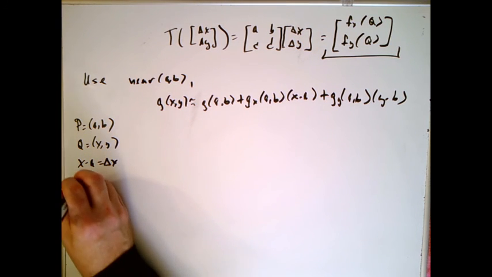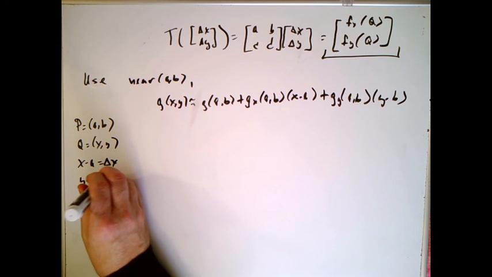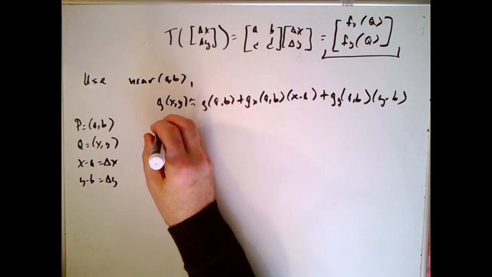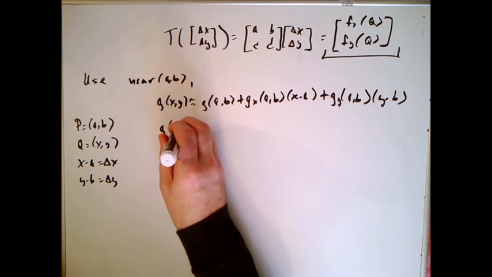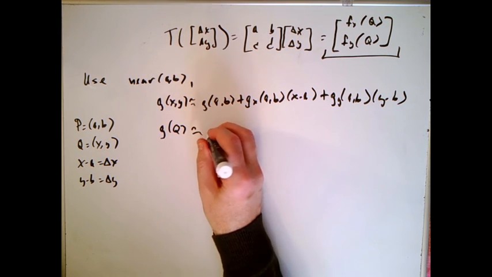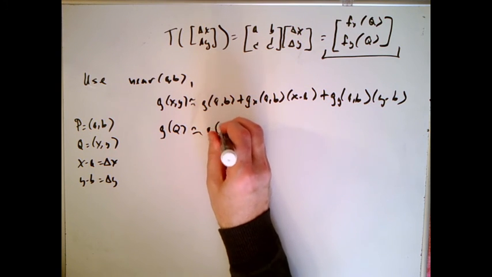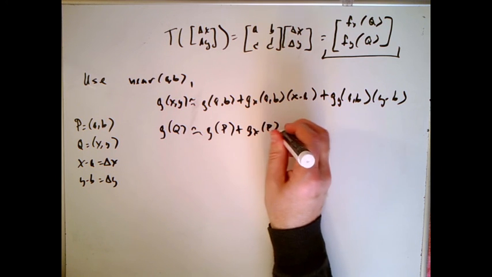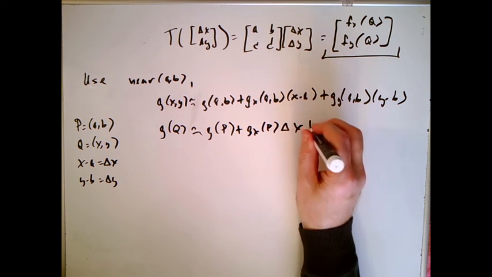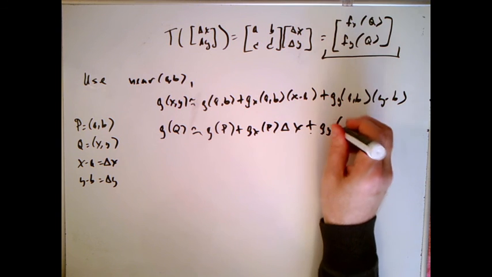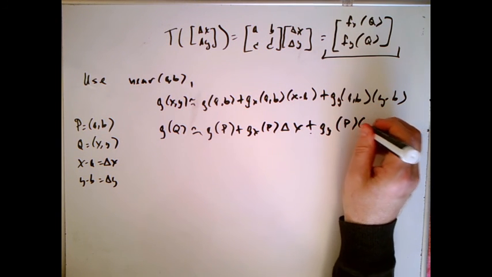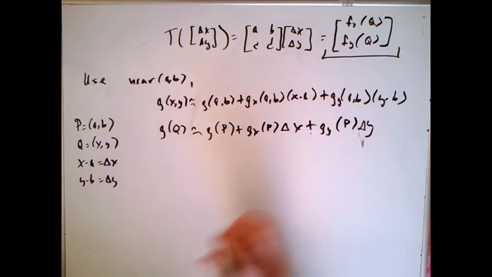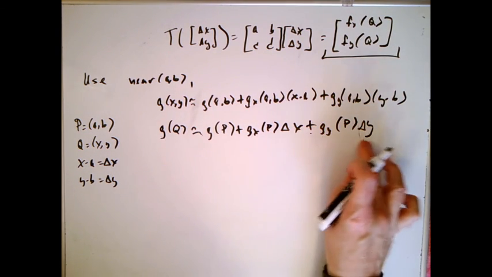I'm going to call y minus b delta y. And so this starts to look a lot more like what I want. I can rewrite this as g of q is approximately equal to g of p plus g_x at p times delta x plus g_y at p times delta y. So all I did was write down the formula for linear approximation again.